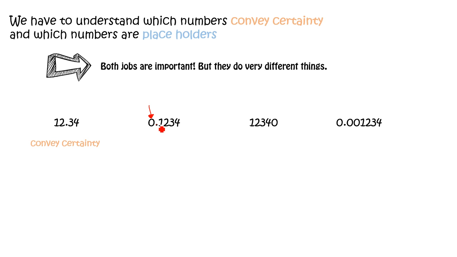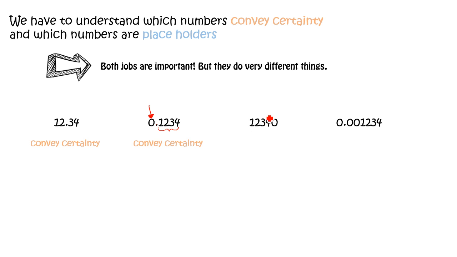So it's just to make sure that we understand that we're about to report a number that has nothing in the ones place. So that's not telling us really anything about the number. It's neither a placeholder nor conveying certainty. But these digits here are all digits that are telling us a specific mathematical value about the thing that we measured. So they're all conveying certainty.